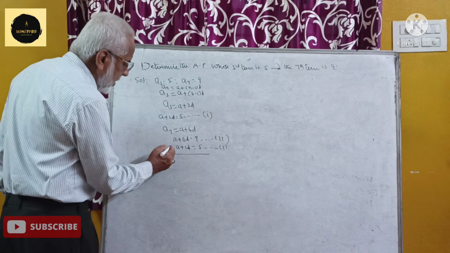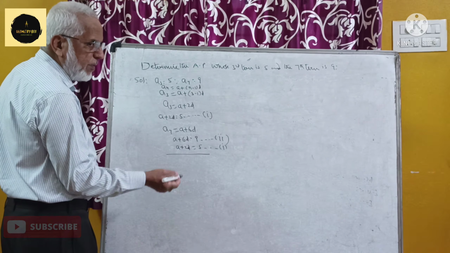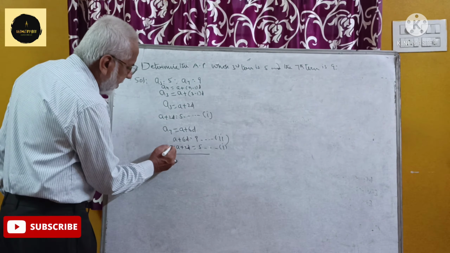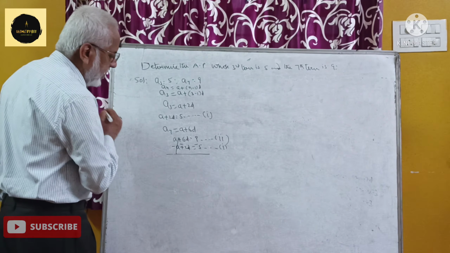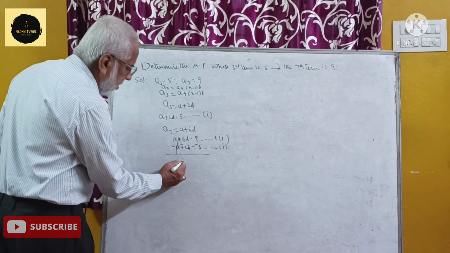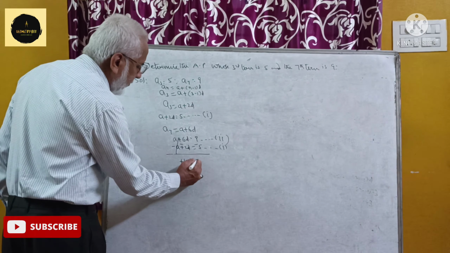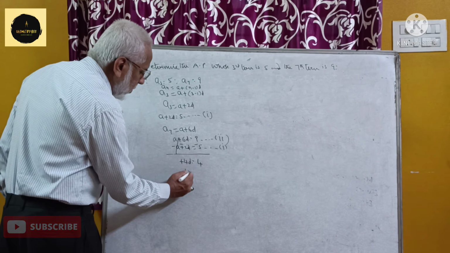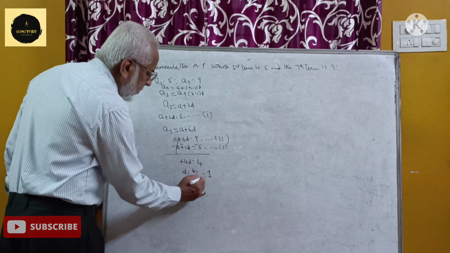Subtract means we change the signs: minus becomes plus, plus becomes minus. Plus a minus a cancel. Subtract 2d from 6d, how much do you get? Plus 4d. Then subtract 5 from 9, you get 4. So 4d is equal to 4, d is equal to 4 divided by 4, that is d is equal to 1. That means the value of d is equal to 1.